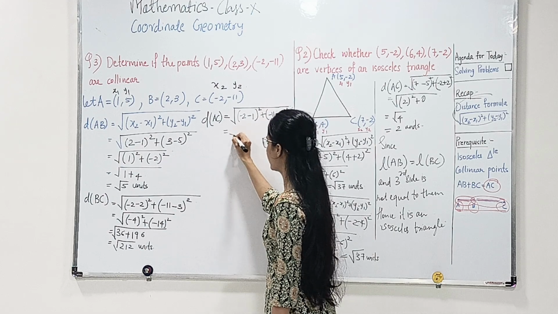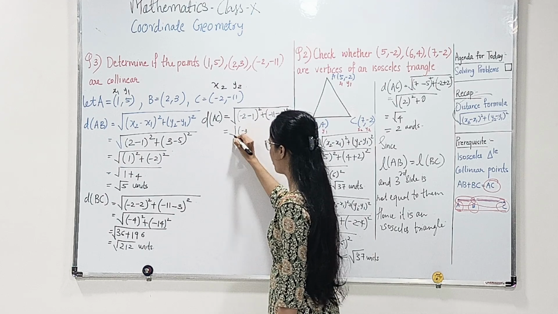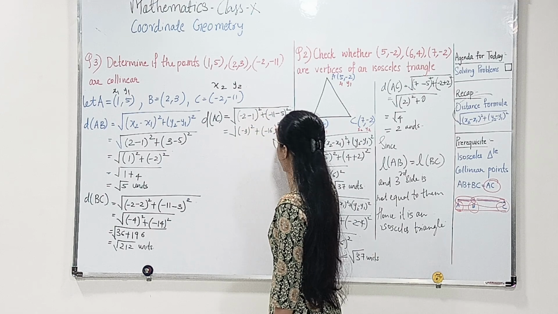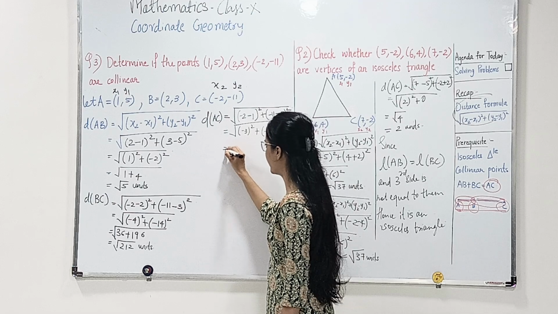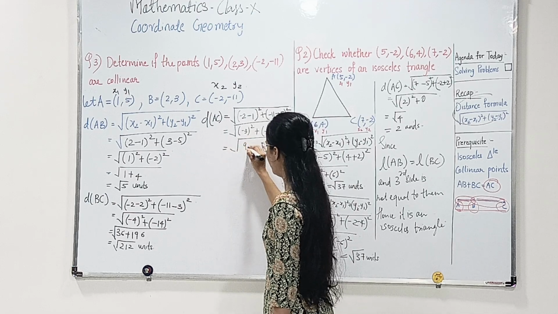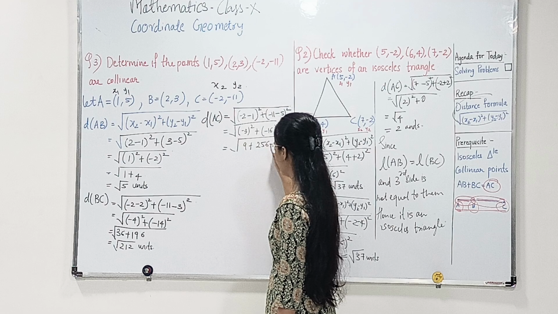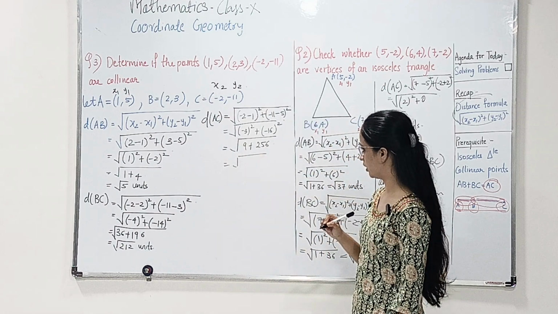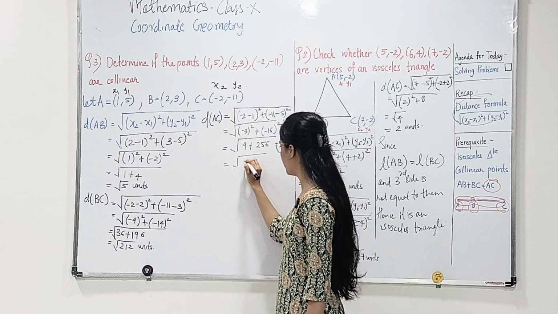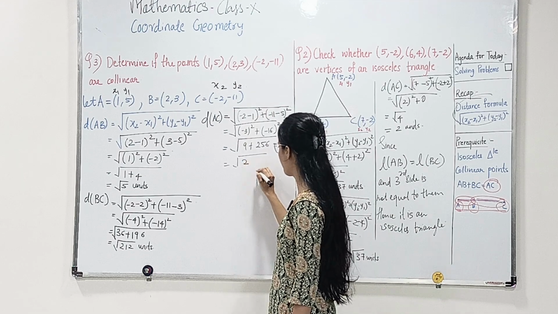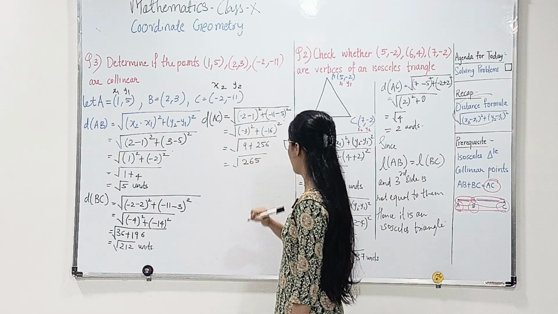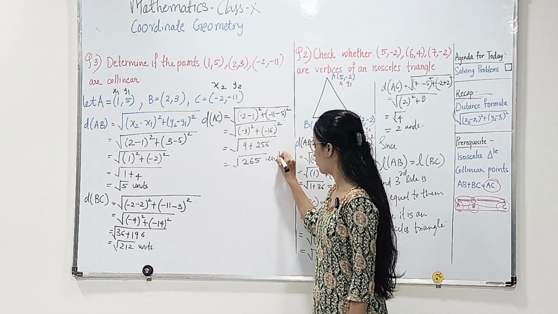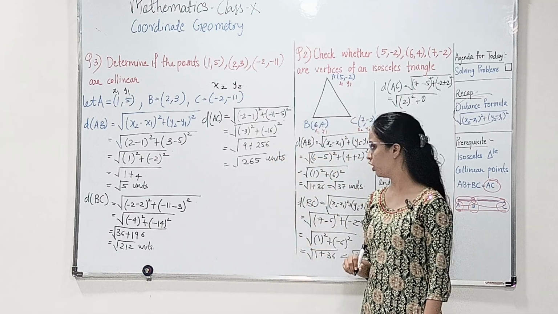So this is equal to under root of minus 3 the whole square plus minus 16 the whole square, that is 9 plus 256, which is equal to under root of 265, right? So the third side is root 265 units.